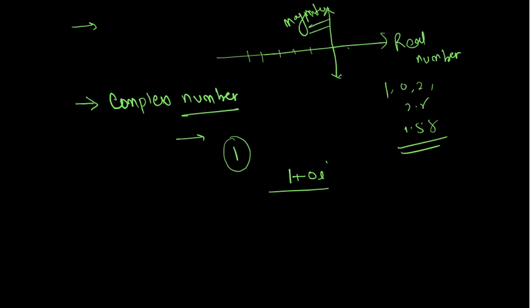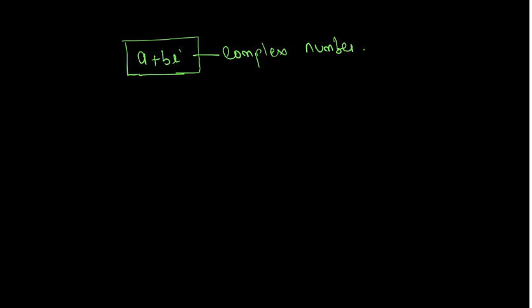Imaginary part as 0. So a complex number is represented as a plus bi. Any number in this form is called a complex number. In this type of number there is going to be a real part, and another is going to be an imaginary part.